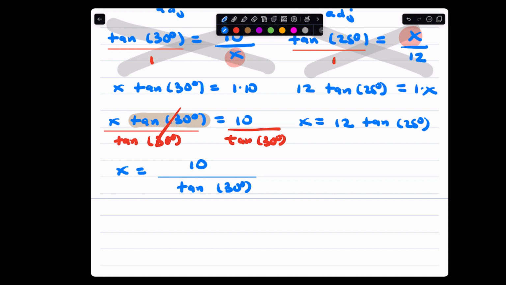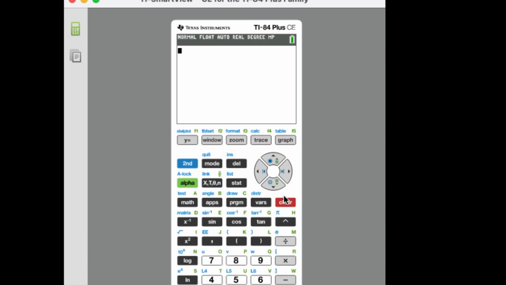All right, let's get out the calculator. Here we go. 10 divided by tangent of 30.